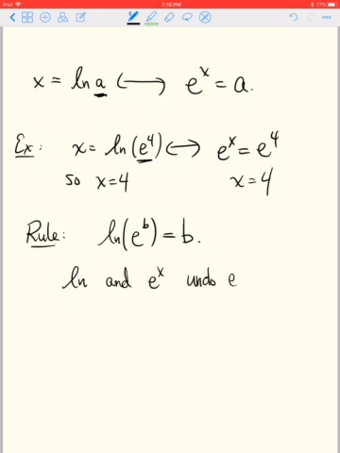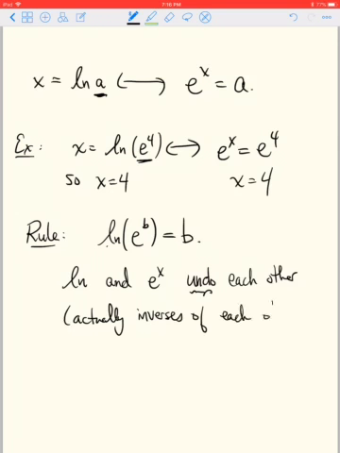So some people like to say that natural log and e to the x undo each other. Right? I like the word undo. So it means if we first take e to the b and then we take natural log, we just get b back. So these are actually what are called inverses of one another. So inverse functions are really important things to study, and we'll see some other examples of these in this class.